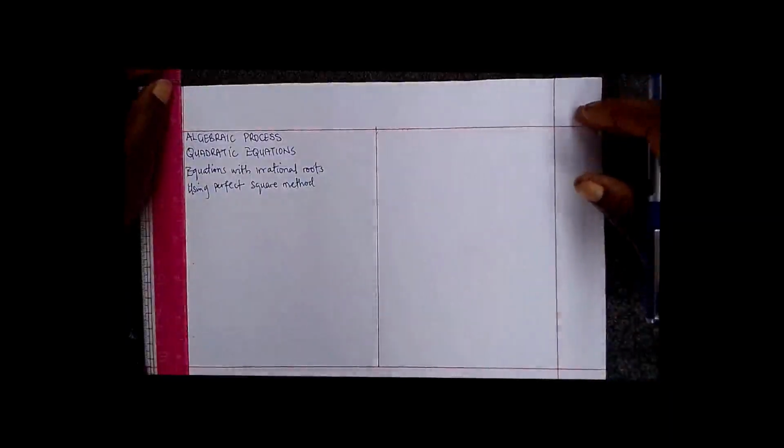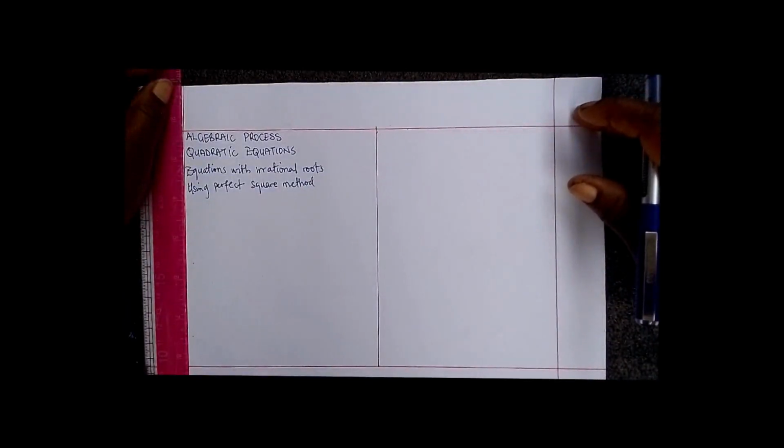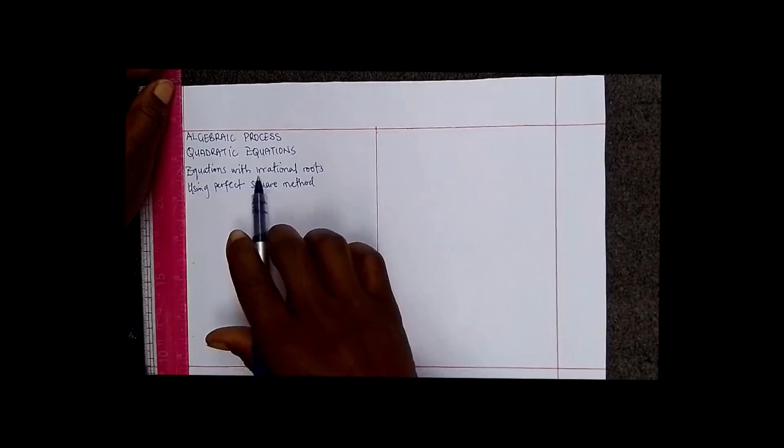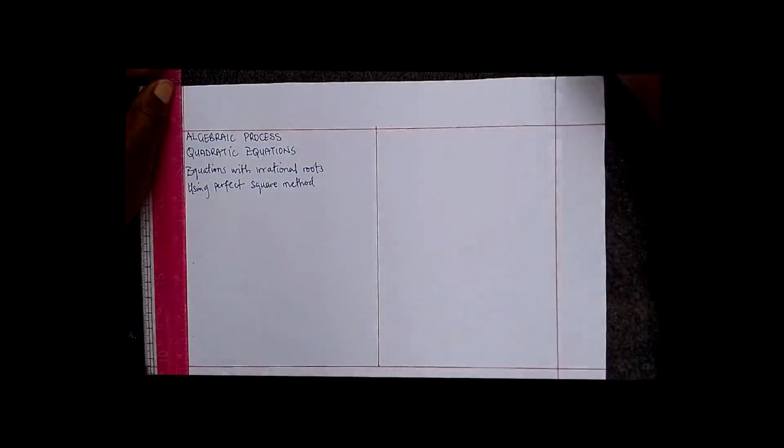Alright, I'll continue with algebraic process, quadratic equations. This time around we are going to continue with equations with irrational roots, and we are going to make use of the perfect square method. Remember what irrational roots are?